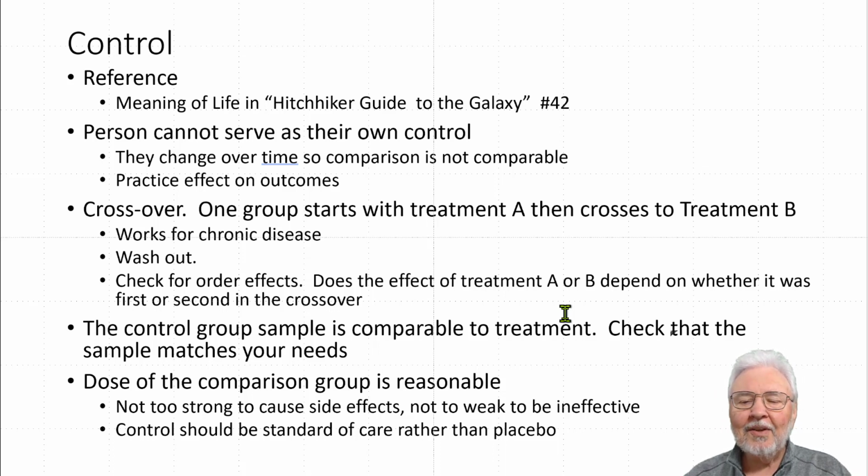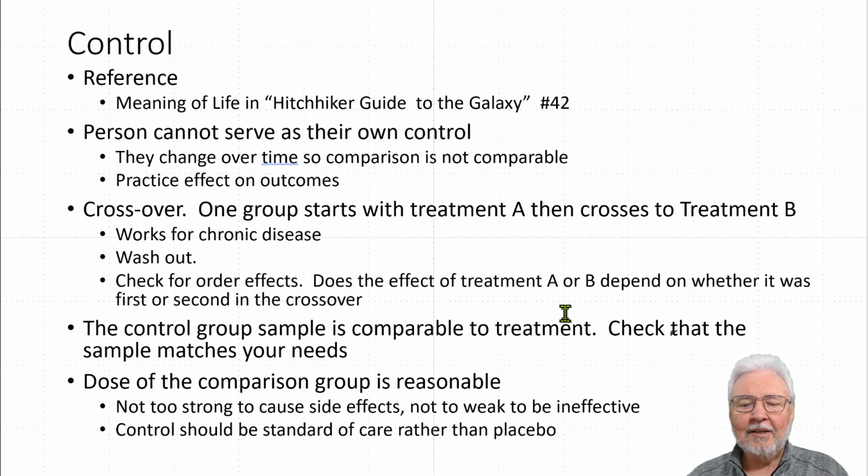And you could kind of think, well, that person is serving as their own control when you cross over to a B. That's true, but there's also another group. So if you have two groups, you randomly assign people into one group that starts with A and the other group that starts with B, and then they cross over to the other treatment. Now, this works okay for chronic diseases, like diabetes.